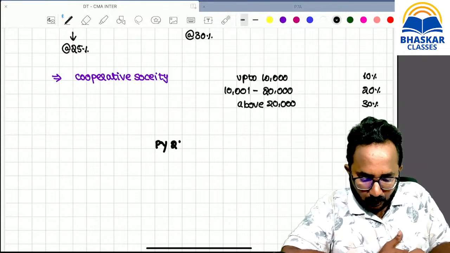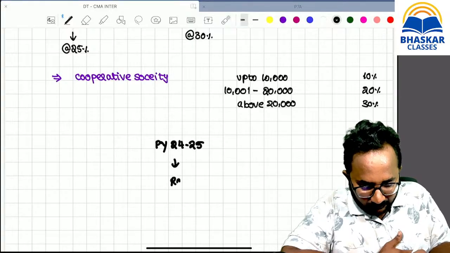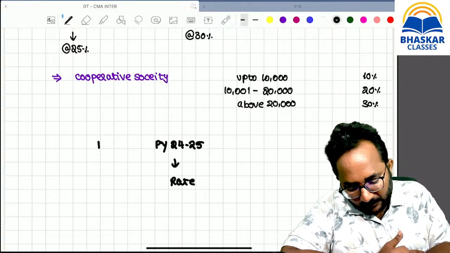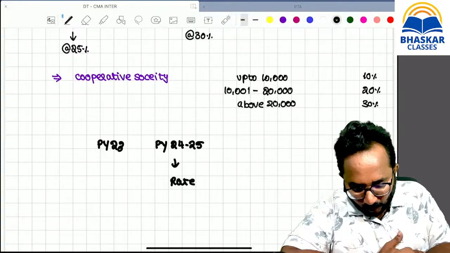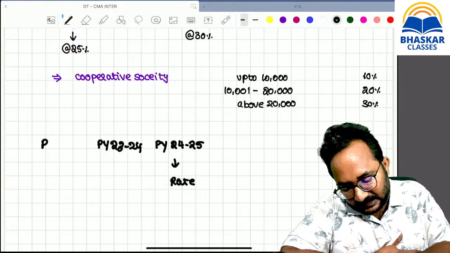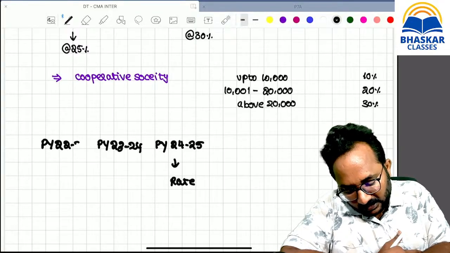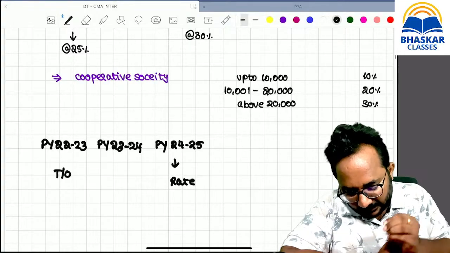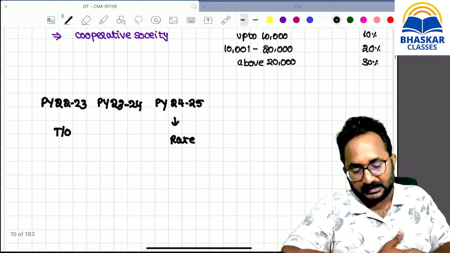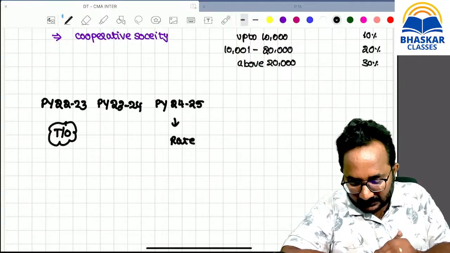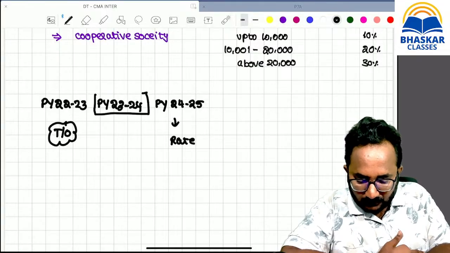Previous year 2024-25. The tax rate for this year depends on the last year, so before last year, please check the 2022-23 turnover. Prior year's turnover is the reliable one.